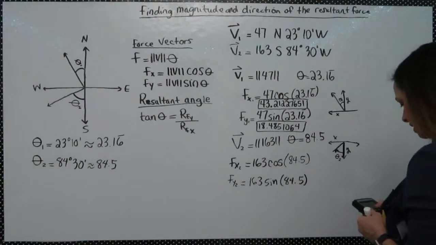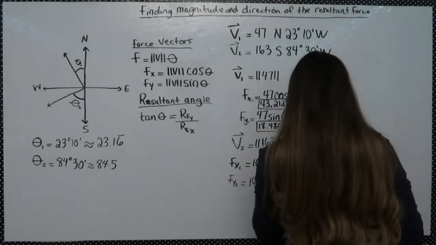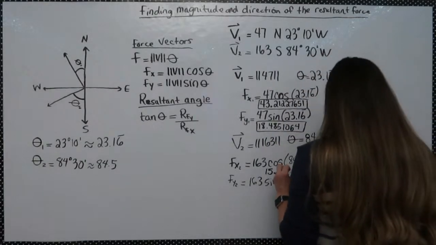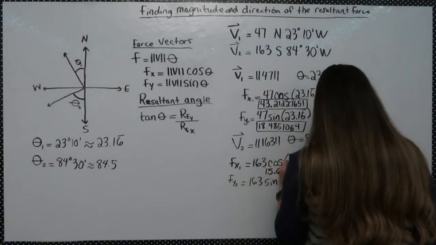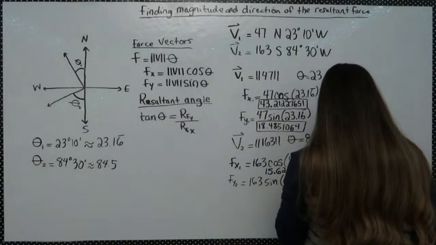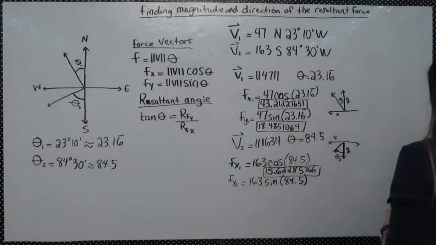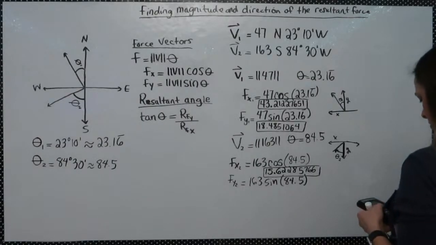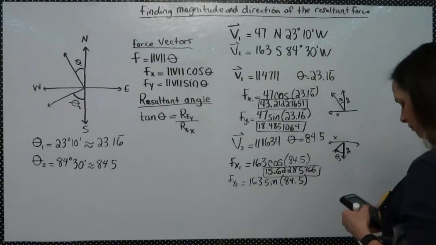And I'm getting 15.62285766. Box it. And then 163 sine. Oops. Sine. Oh, 84.5 now.